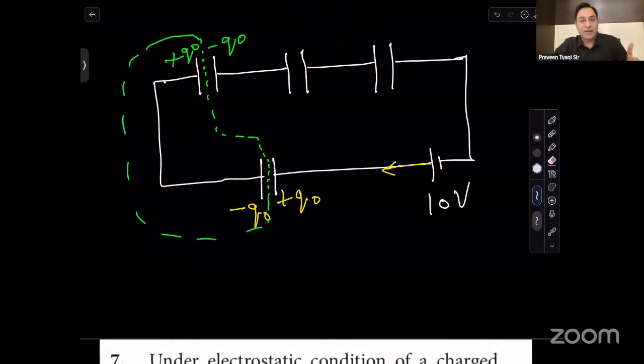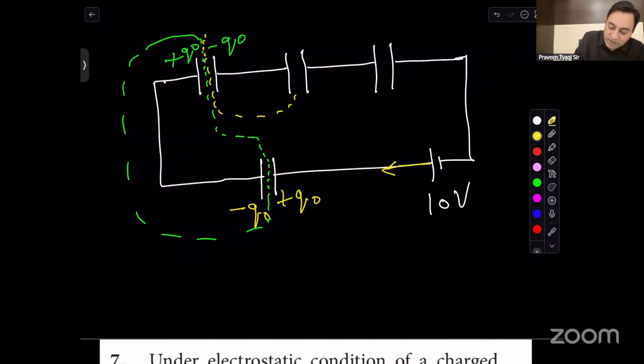I showed you that. Now coming to this case also, this will be minus Q naught. Now you can see this system is also isolated, and you can apply charge conservation here. If this is minus Q naught, it should be plus Q naught here.